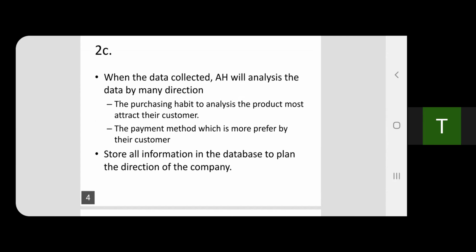Maybe they can analyze the purchasing habits to find out which products attract their customers more, because when they sell something, they must know the habits or favorites of their customers. If some products do not attract customers, the customers will feel, wow, what kind of products does this company provide, and then they will lose some customers. So this data can be analyzed for them.